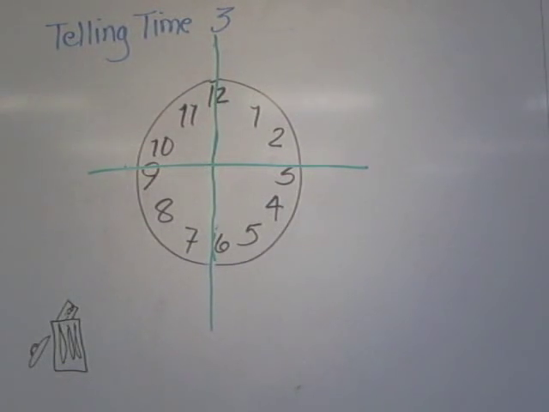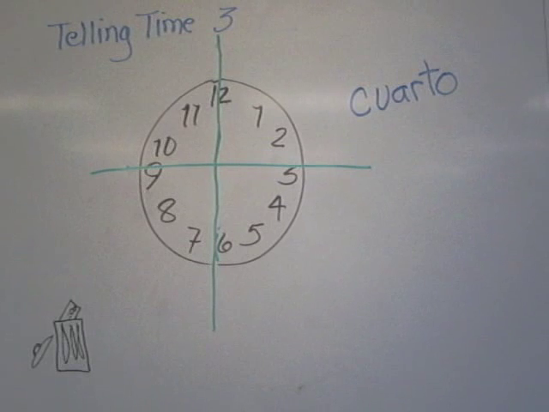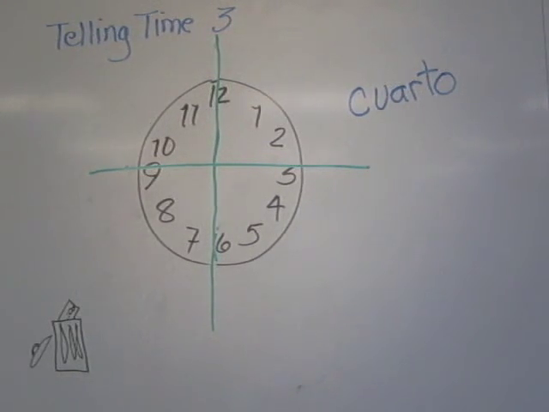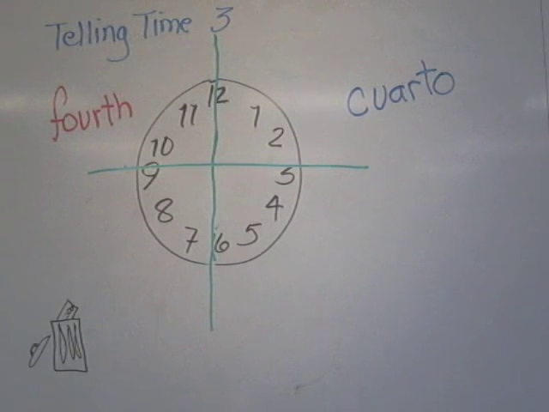If you do the math in your head, and only crazy people like math teachers do this kind of math in your head, you know that a half of a half is a fourth. And the word for fourth in Spanish is cuarto. Cuarto is another way we can refer to 15 minutes because it is 1/4 of an hour.